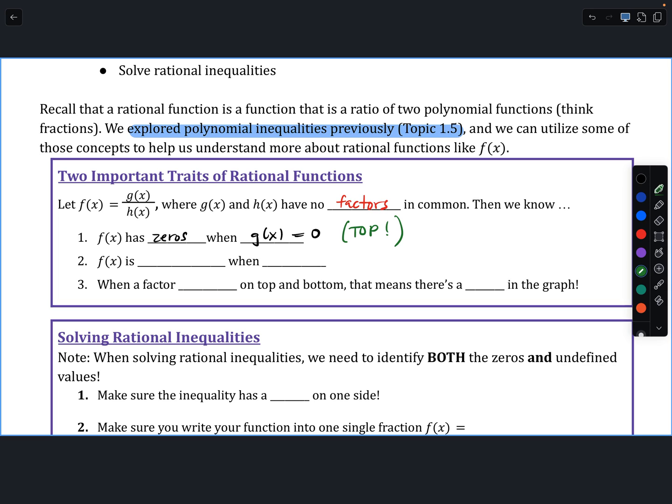And then, are we allowed to divide by 0? No. So f of x is undefined when h of x equals 0.